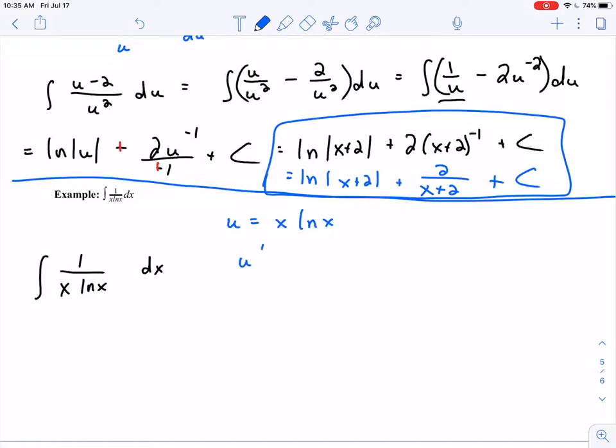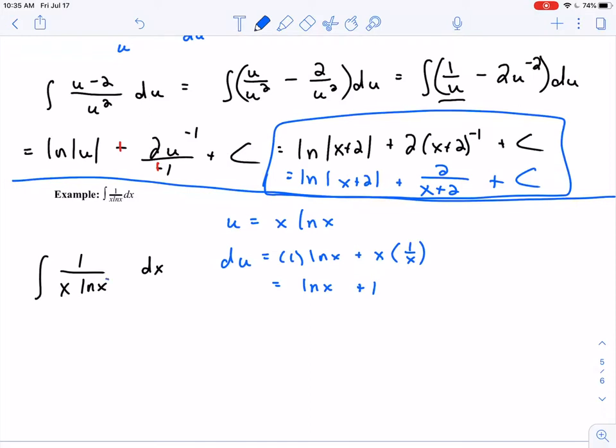du, excuse me. Well, if I want the derivative of this, I would need the product rule. So let's see, derivative of x, that's just 1 times natural log of x plus x times derivative of natural log of x, that's 1 over x. This is natural log of x plus 1.